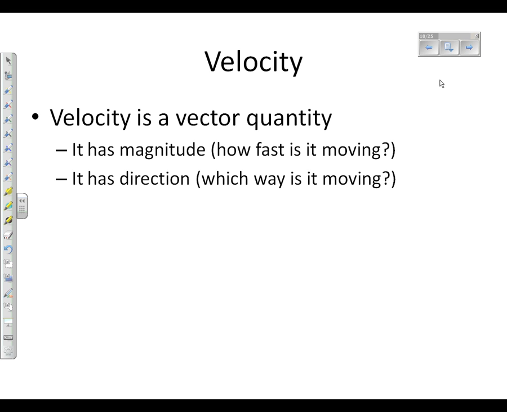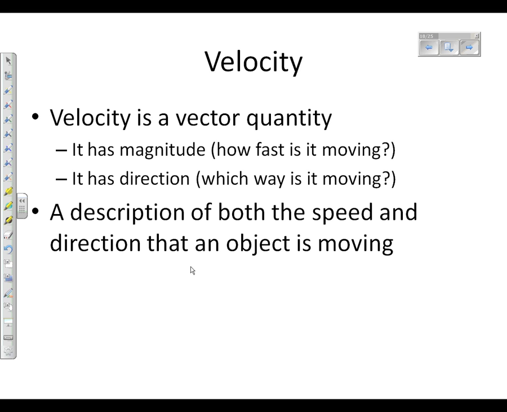Not distance. The magnitude of the velocity is how fast it is moving, or the speed that it's going, but the velocity also will include not only how fast, but also which way it's going. Is it going right? Is it going left? Is it going east? Is it going west? That's the vector part.